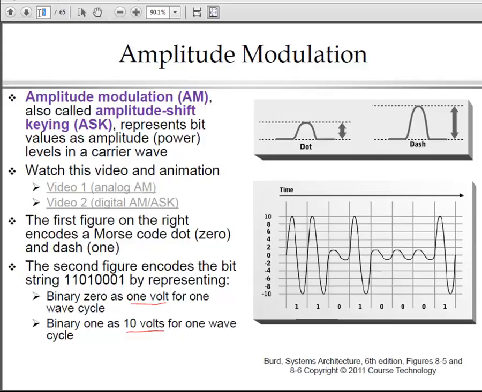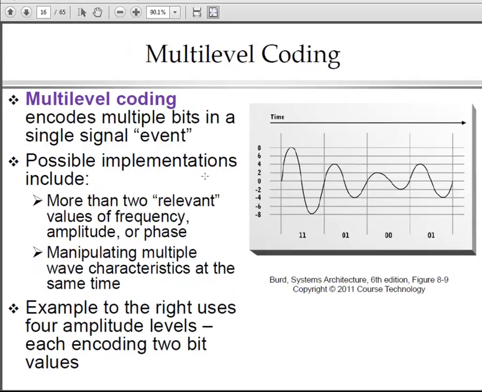We then move forward to an example of multi-level coding using amplitude modulation, where we doubled the number of bit values in each wave cycle from 1 to 2. That gives us 4 different relevant amplitude values, and assuming these values represent volts in an electrical signal, we used 4 values 8, 6, 4, and 2 to represent bit value pairs 1 1, 1 0, 0 1, and 0 0.